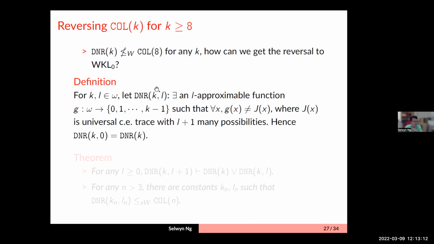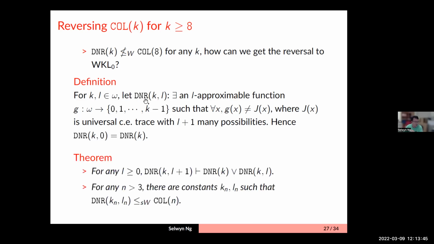K is the number of values that the DNR function is allowed to have. But L is the number of mind changes that you're allowing your DNR function to have. So instead of the DNR function being computable, you allow it L many different values. You also have to allow the universal function a number of different possibilities. But if you adjust the parameters in the right way, you get the correct principle DNR K, L.